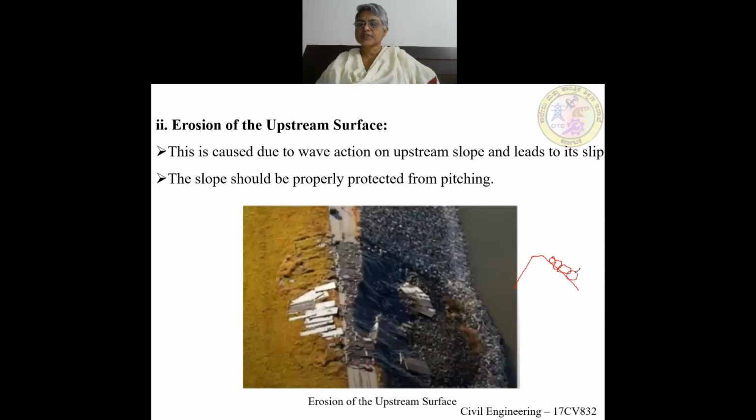This is called pitching or riprap. This pitching has to be provided in order to avoid this. Here you can see the pitching. If it is not properly provided, due to wave action the waves keep on hitting the material here, and then the material will get eroded and the surface will get slipped. That is called erosion of the upstream surface.